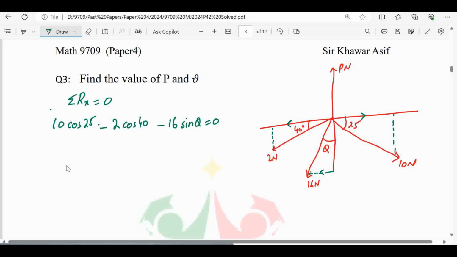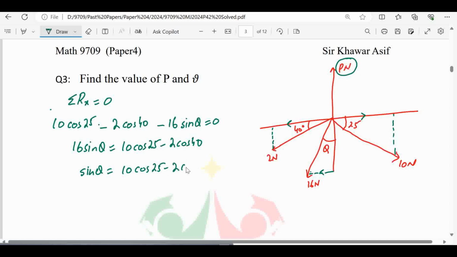Now from here, there is no horizontal component of p, so we can write 16 sine theta is equal to 10 cos of 25 minus 2 cos of 40, and then sine theta is equal to 10 cos of 25 minus 2 cos of 40 whole divided by 16, and then we have to take the inverse of this.